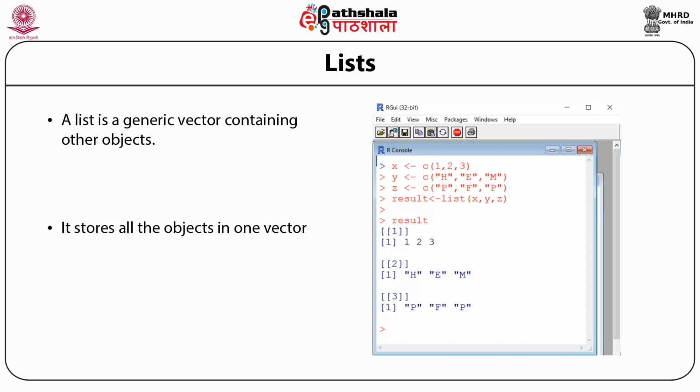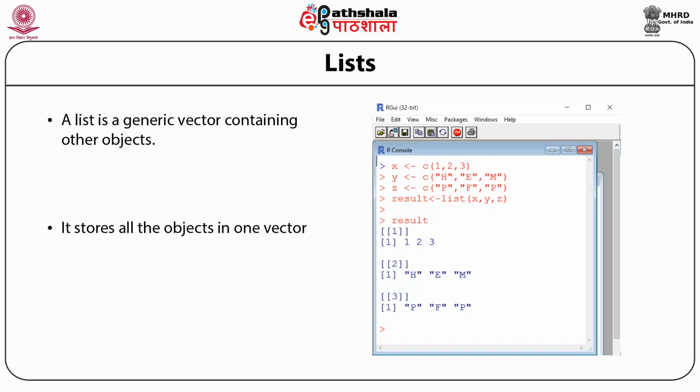Here x equal to 1, 2, 3, and y equal to characters, which should always come in inverted commas. So y equal to "h", "e", "m". Then the third object is z equal to "p", "f", "m".